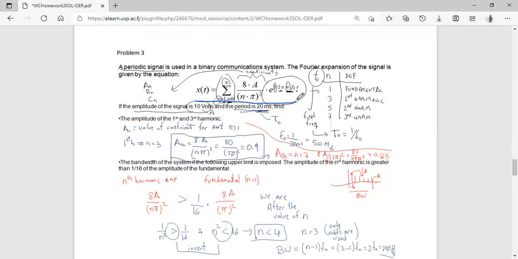And it says n is equal to 1 and all the odd values of n, right? So it starts with 1 and all the odd values. So that indicates 1, 3, 5, 7, and so forth, right? No even values are there. Okay. So this is a particular signal's Fourier expansion, given by this particular equation over here.